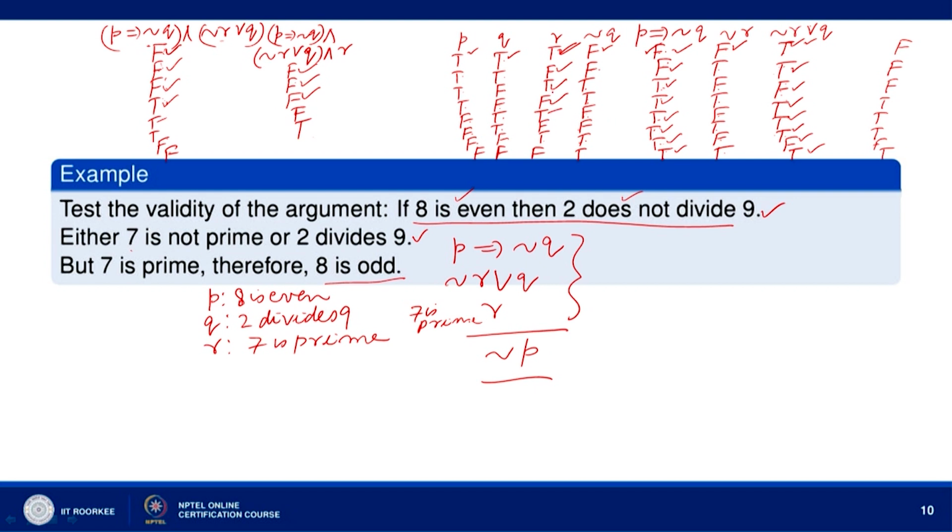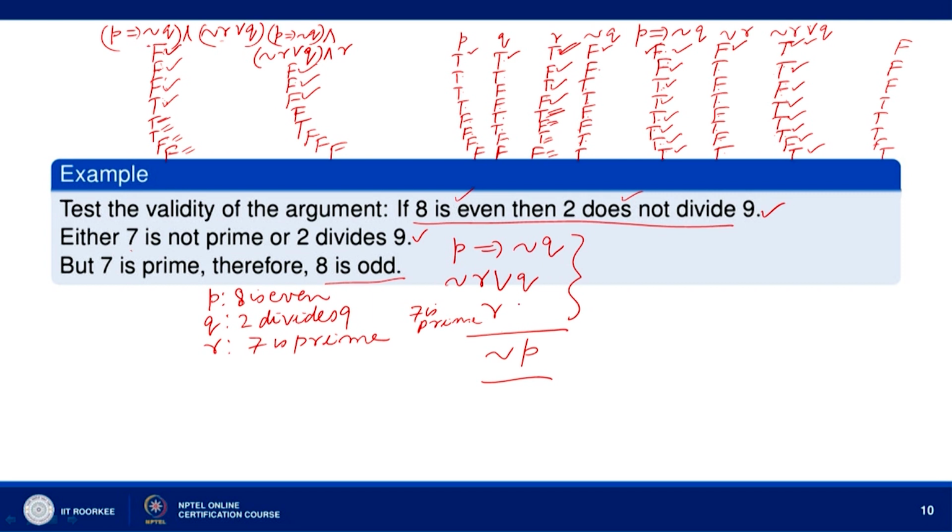So, we have here this T and this T is T here, and then F here and T here. So, we get F, and then we get T here and F here. So, we get F here, and then F here and F here. So, we get F here. Okay. So, these are 8 entries: 1, 2, 3, 4, 5, 6, 7, 8. Okay. So, we have got this: P implies not Q and not R or Q and R.